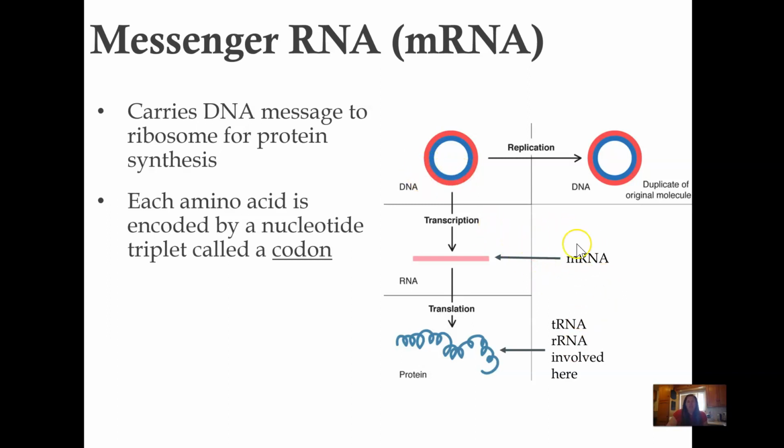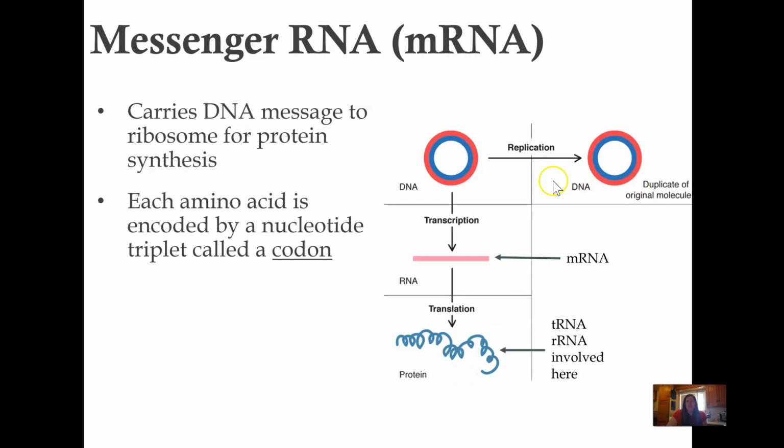So messenger RNA carries that message from DNA to the ribosome, where protein translation is going to take place. So messenger RNA is the code itself. It's the string of RNA that serves as the basis for protein synthesis, whereas transfer RNA and ribosomal RNA are involved in the translation mechanism itself.